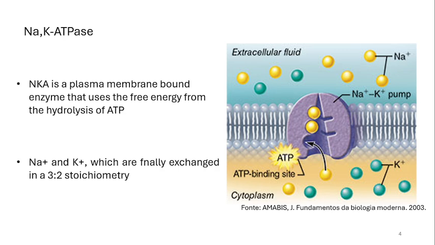So basically, it uses ATP for energy and it exchanges the sodium and the potassium through the membrane. This enzyme is really important for a lot of functions in organisms, principally in mammals.